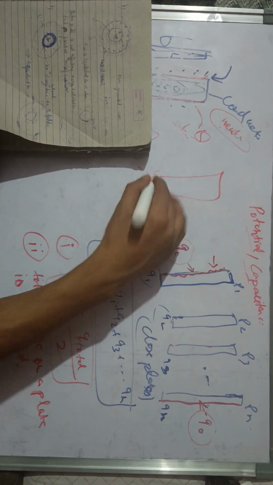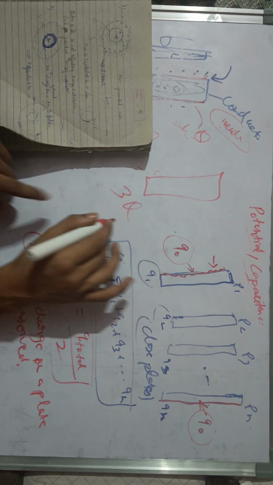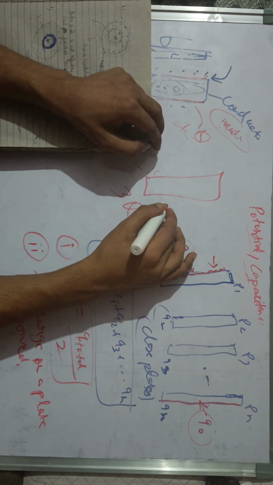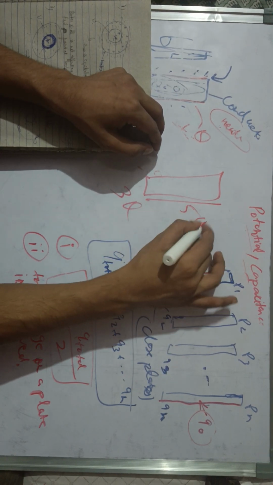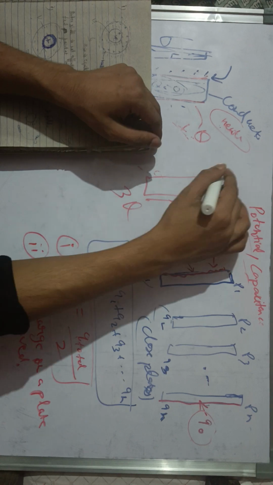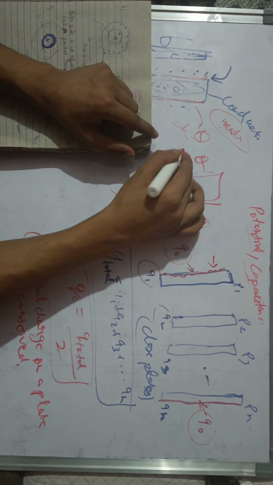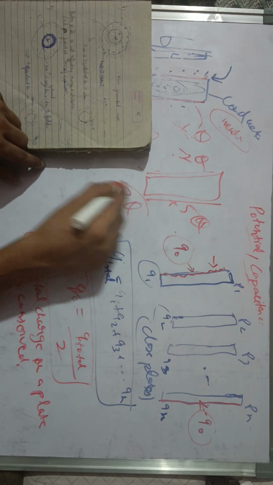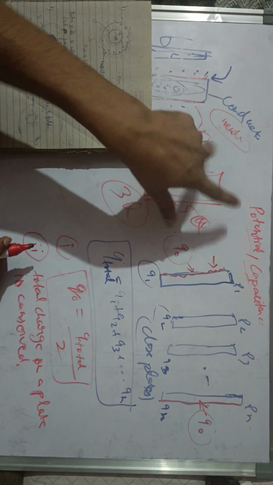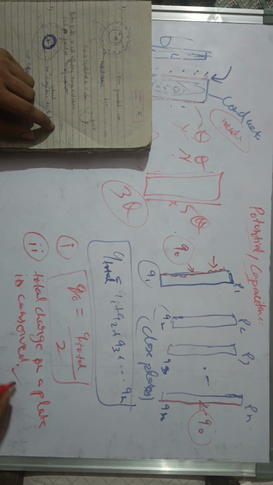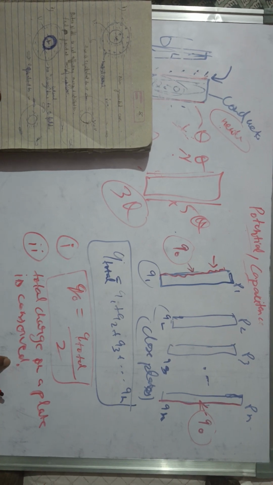If there is a charge of, let's say, 3 coulomb in this body, and the charge redistributes so that this side gets 5 coulomb positive charge, then this side will get minus 2 coulomb, so that the sum of these two values gives 3 coulomb. So the total charge on the plate will be constant, conserved. This is the second point.